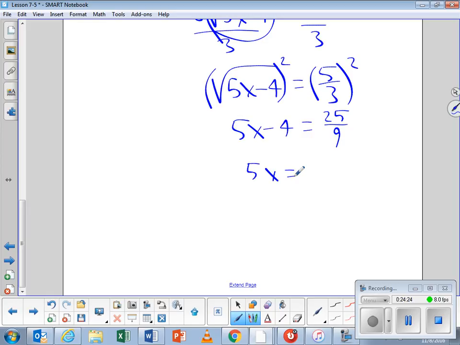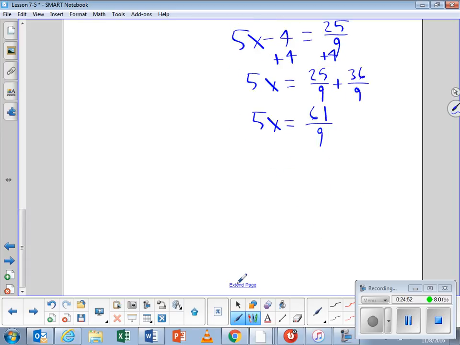So we're adding to 25 ninths, we're adding 36 ninths. That's what 4 is. Remember adding fractions? Okay? So I get 5x is equal to 61. I can't add. 61 ninths. Now what do I do?